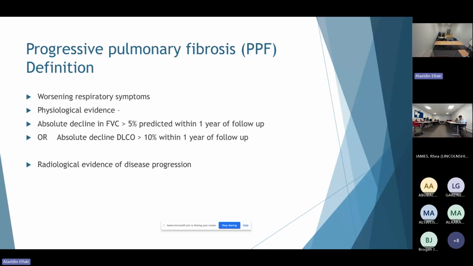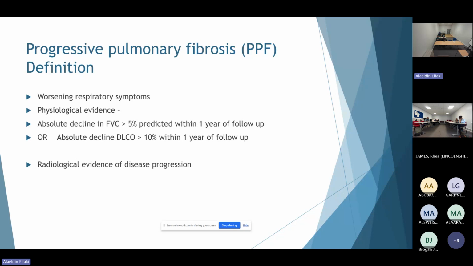We have a terminology called progressive pulmonary fibrosis, the PPF. PPF is not a distinct disease, but a behavior of the lung fibrosis itself. So any kind of interstitial lung disease might progress to progressive pulmonary fibrosis. To define that, we need a worsening in respiratory symptoms, so the patient becomes more short of breath or coughing more, or has a decline in exercise tolerance.